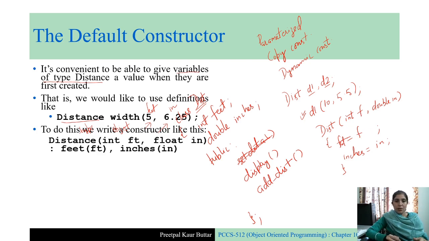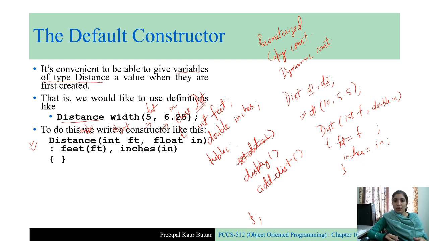So we write a constructor like this: distance int feet float inches. This is another form of initialization, which is the preferred form of initialization. Here ft is equal to feet, feet is equal to ft, and inch is equal to in.